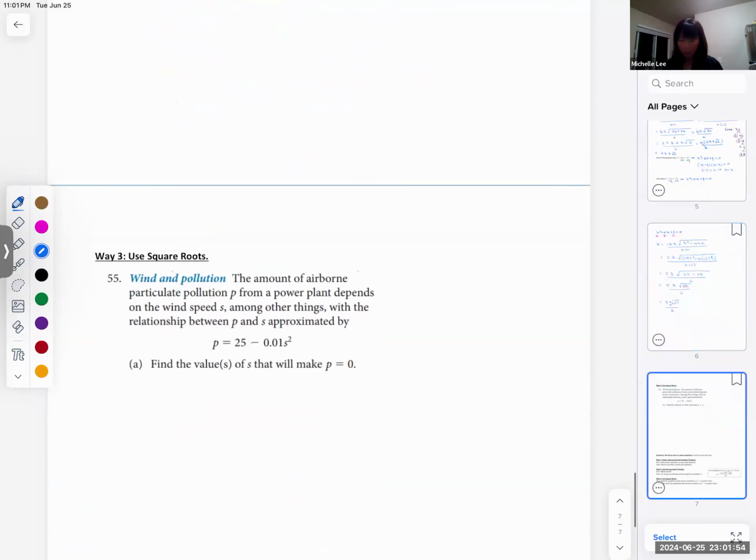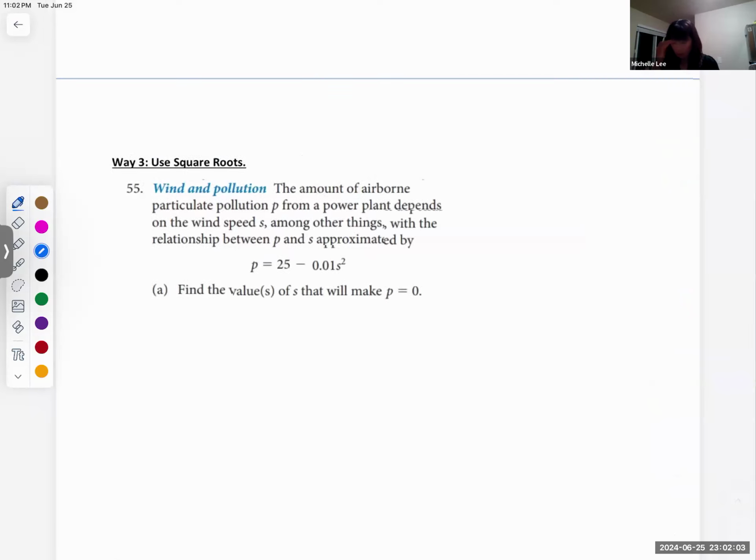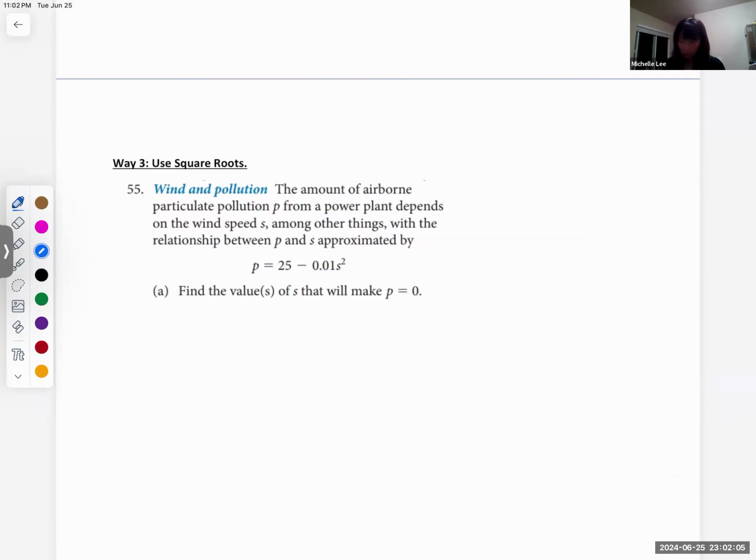How about now we have way number 3, method number 3, which is using the square root. This is the last one. Okay, so let me highlight this one.